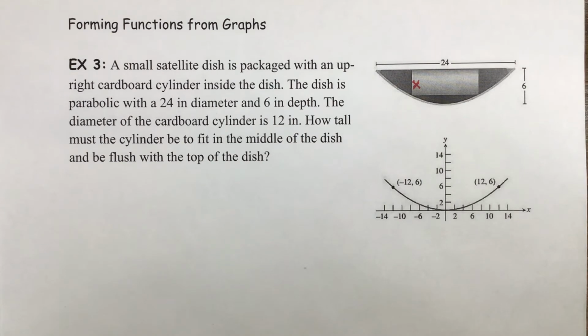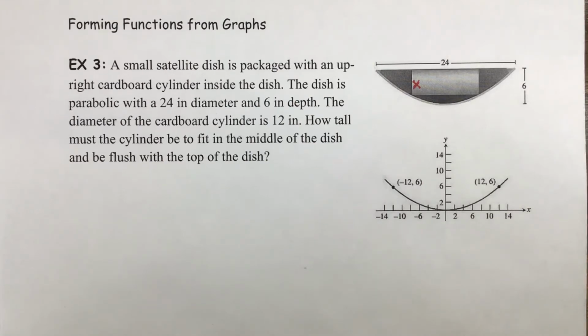So what we're going to do to answer this question, we're going to build off the fact that this is a parabolic shape. That would be a parabola, and a parabola can be modeled using a quadratic function. Now for convenience, we're going to draw that cross-section on a coordinate system. To make everything work out as easy as possible, we're going to put the vertex at the origin. We're not going to shift it up, down, or left and right.